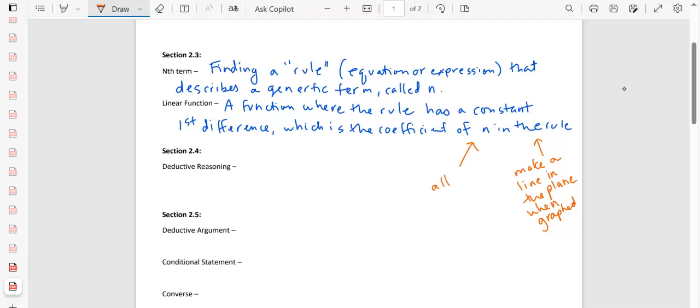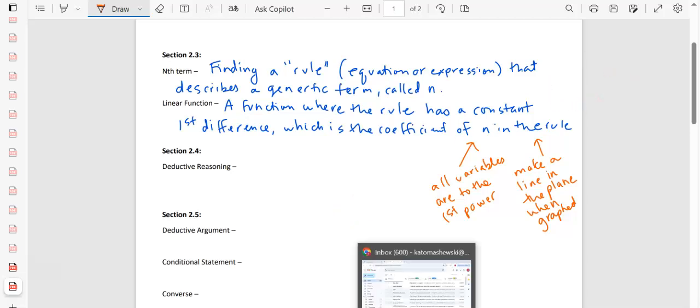And that's why we have an n to the first power. We are doing a more geometric application, and so we're not necessarily graphing these function rules in the coordinate plane, but again, we certainly could.